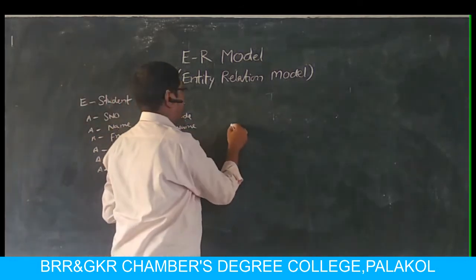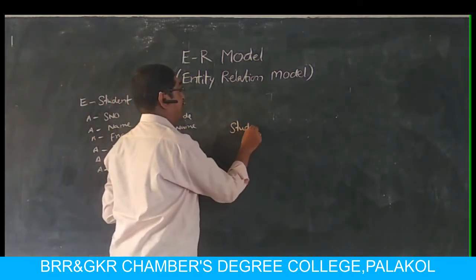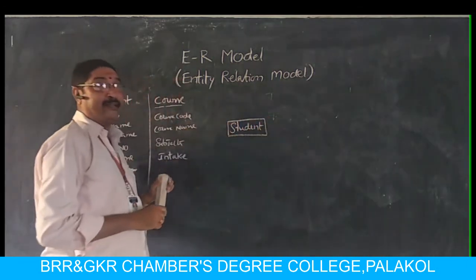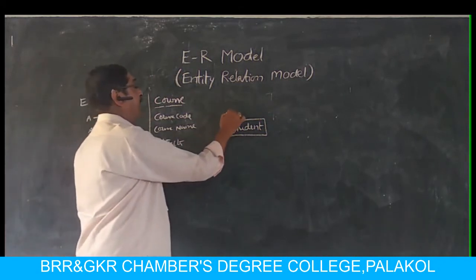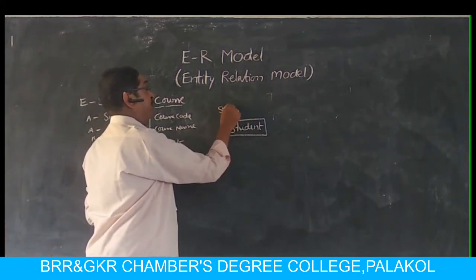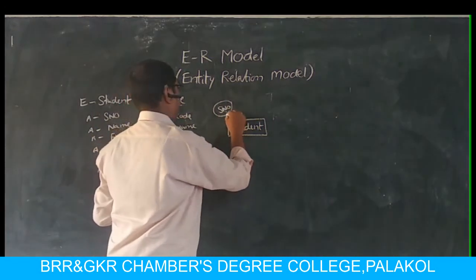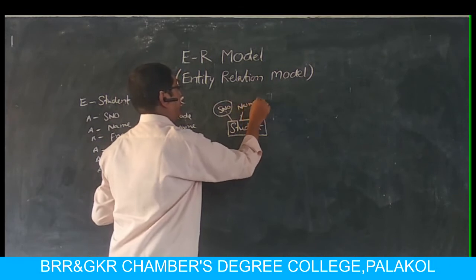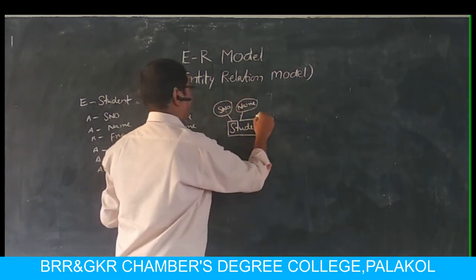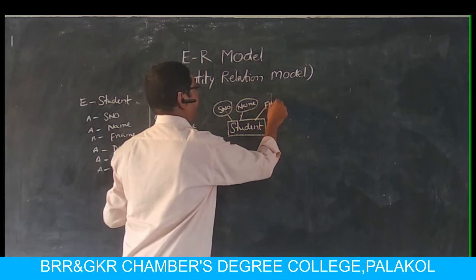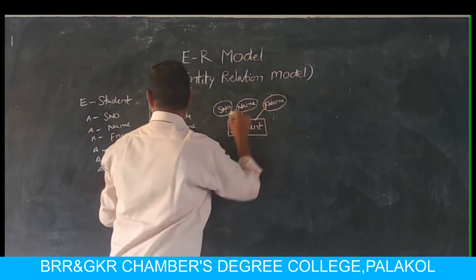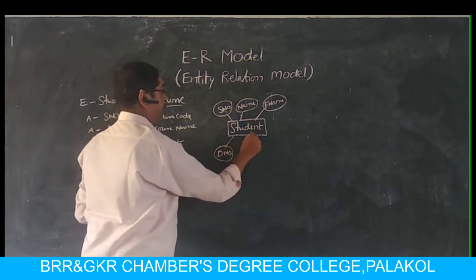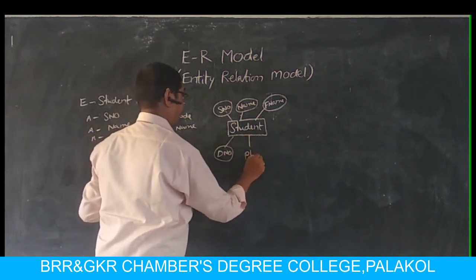First one, we have student, that is entity. So, let's write like this. Student will have attributes. S number is one attribute, and name as another attribute, father name another attribute, door number, and phone.